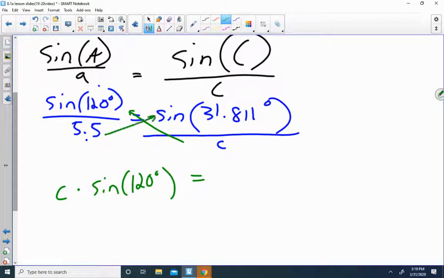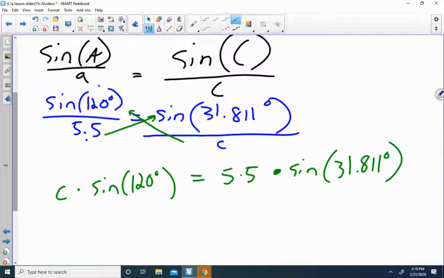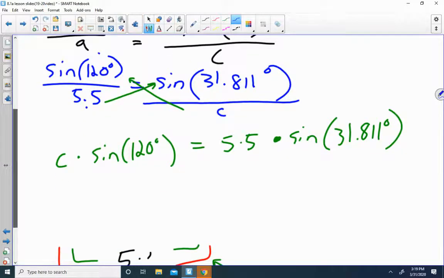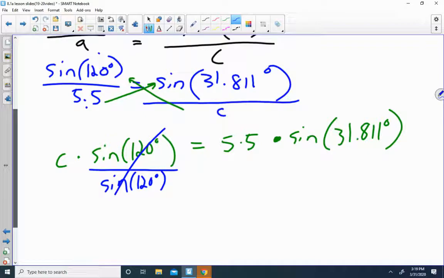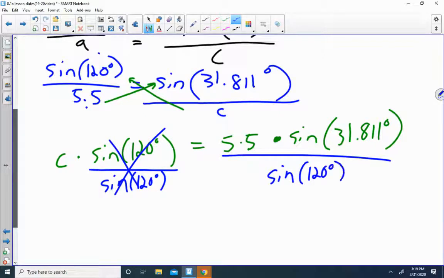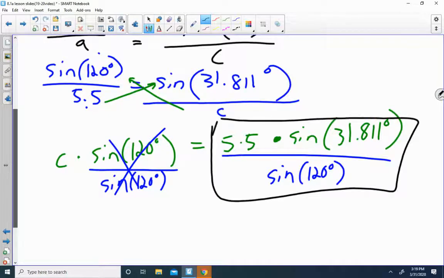And then cross multiply again, and you'll get 5.5 times sine of 31.811 degrees. And then to solve for little c, you'll divide by sine of 120 to both sides. So then you plug this all into your calculator, and that should give you what little c is going to become.